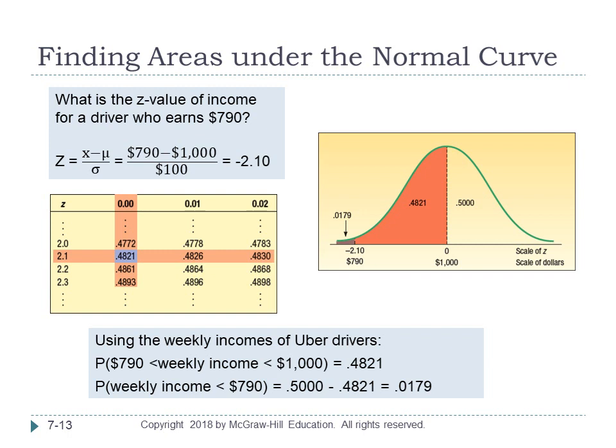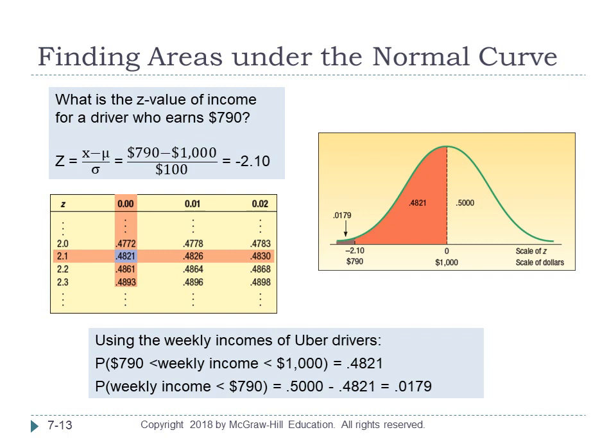If we want now the probability that the income is less than 790, since the total area to the left of 0 is 0.5, we want the area to the left of minus 2.10. So take 0.5 and subtract the area between minus 2.10 and 0.